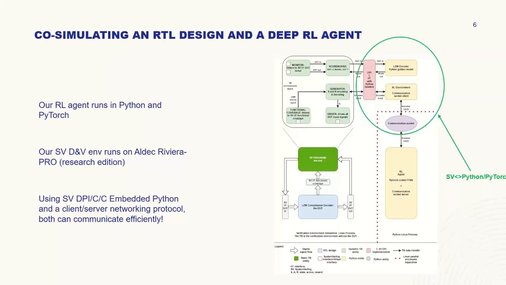And in order for SystemVerilog to communicate with PyTorch, I use a client-server architecture, where basically the DUT side is passing the state and the reward to a communication socket, and the PyTorch agent is processing on the fly the state and the reward and generating a new action. Okay, so this is basically the server, and my test bench is actually the client.